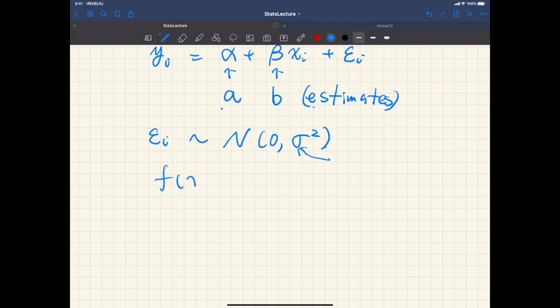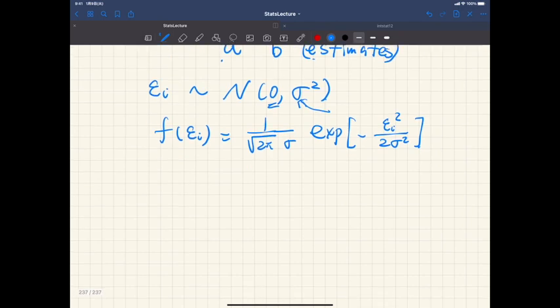The density function for data point, not x, but epsilon i, is 1 over square root of 2 pi sigma times exponential of minus epsilon i squared, because the mean is 0, so we just square epsilon i, over 2 sigma squared.